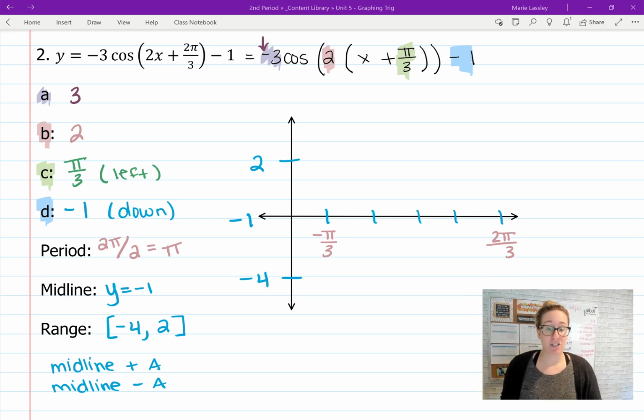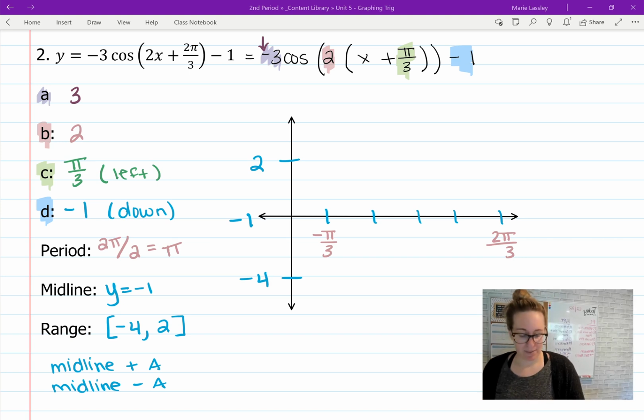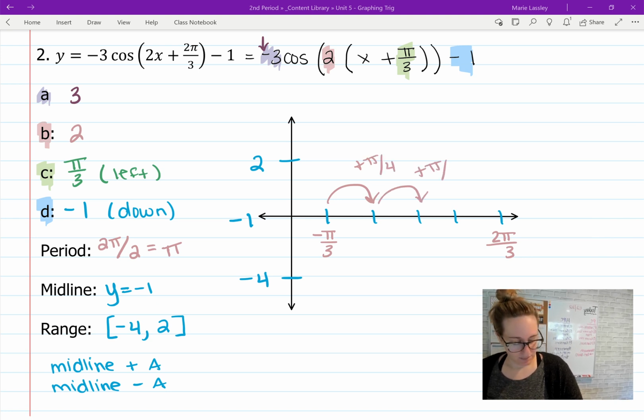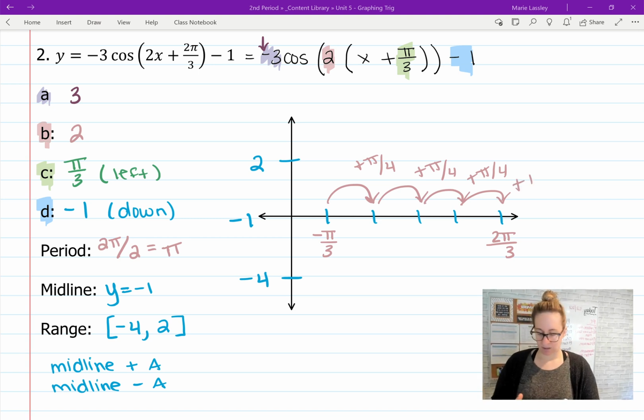Now what I do is take the period divided by 4 and add that each time. So my period is pi divided by 4. I'm going to add pi over 4 each time: plus pi over 4, plus pi over 4, and plus pi over 4. Okay, so with my calculator, I type in negative 1/3 plus 1/4.